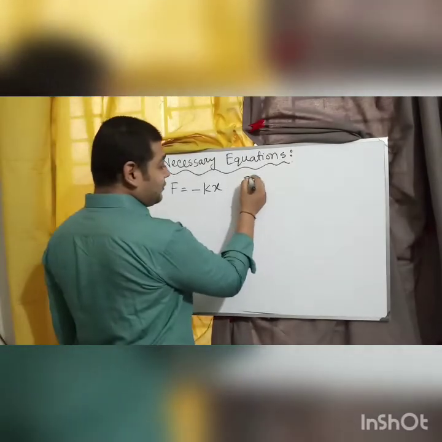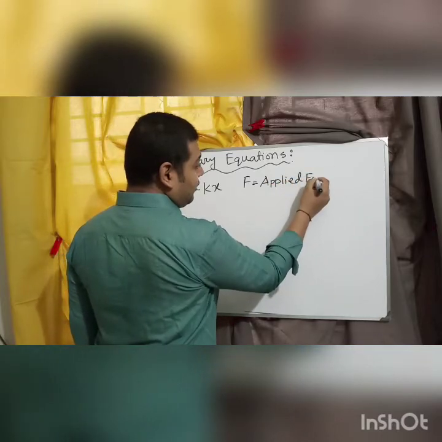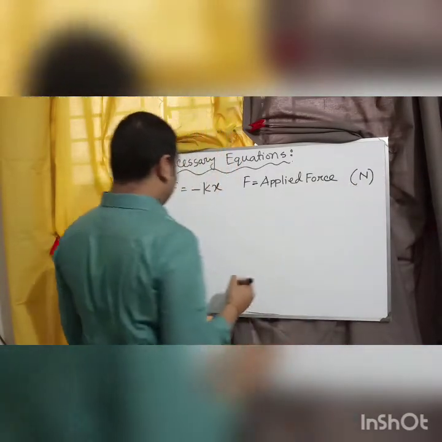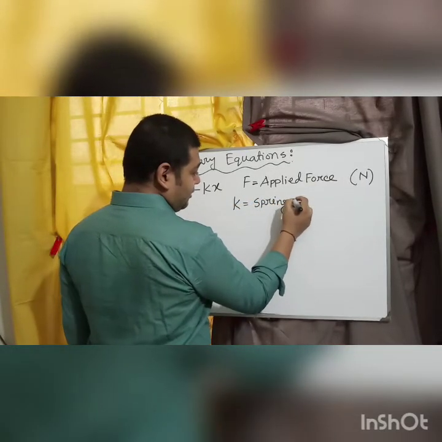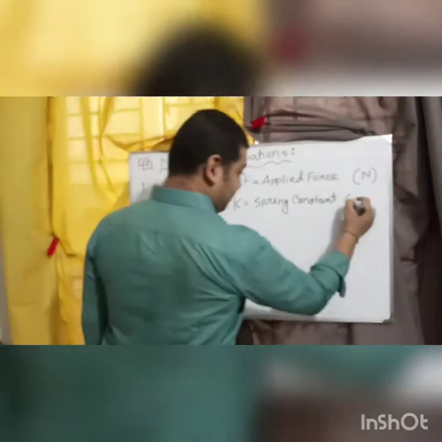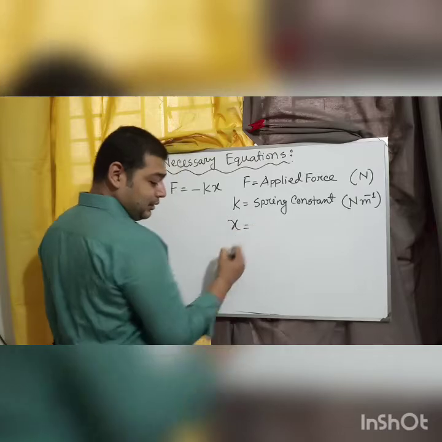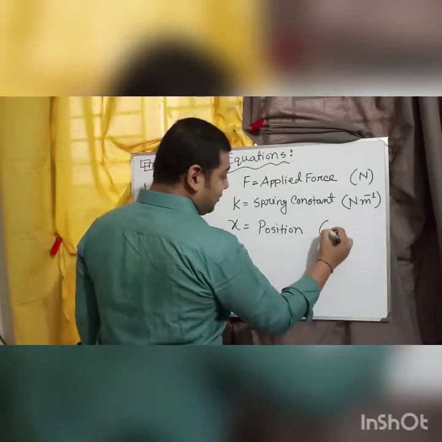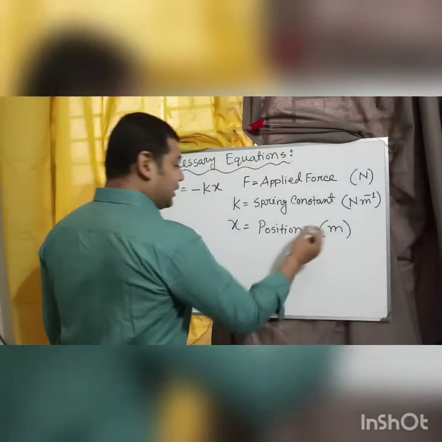Here F is the applied force, and the unit of force is Newton. k is called the spring constant, and the unit of spring constant is Newton per meter. x is the position, which is a distance, so the unit of position is meter.